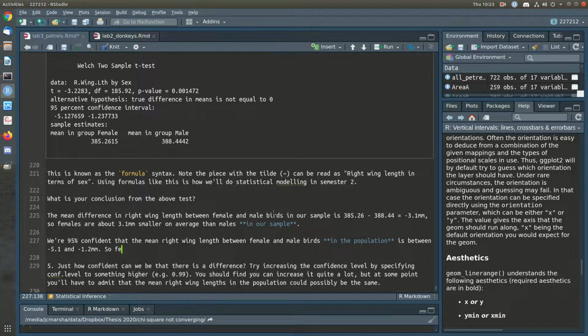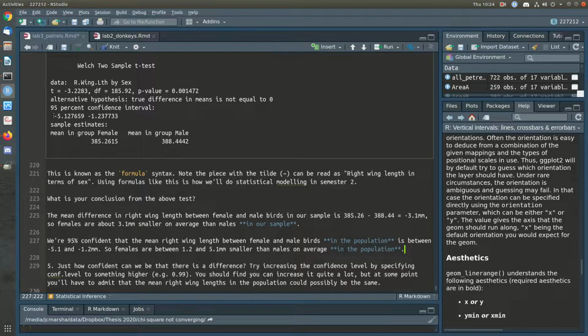So females are about between 1.2 and 5.1 millimeters smaller than males on average in the population.